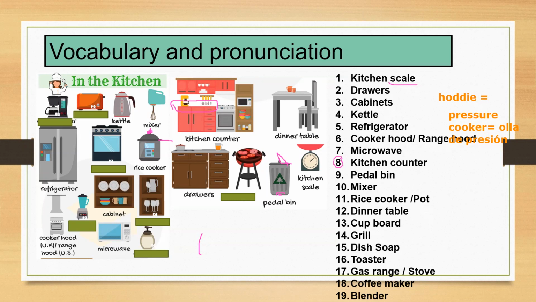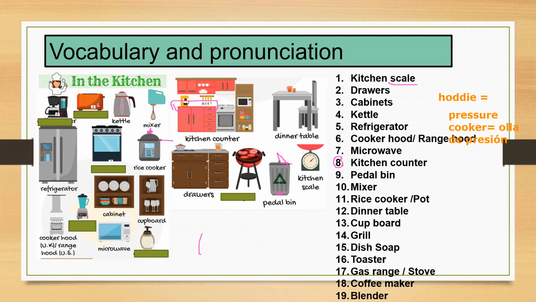Yeah, it could be como alacena, pero más específico lo utilizamos como para colgar las copas, ¿no? Donde ponemos como las copas, y como la jarrita de cristal y todo eso. Ese le vamos a llamar un cupboard, ¿ok? Very good. A cupboard.